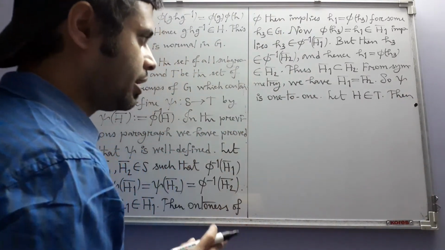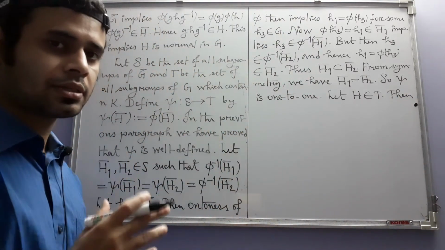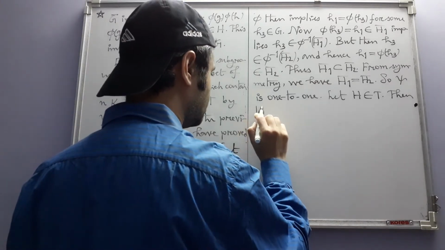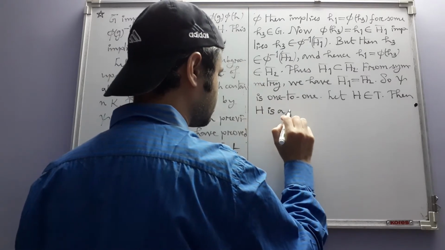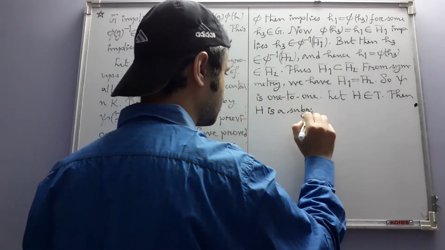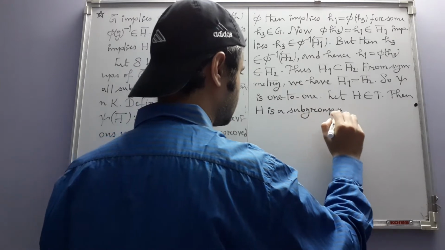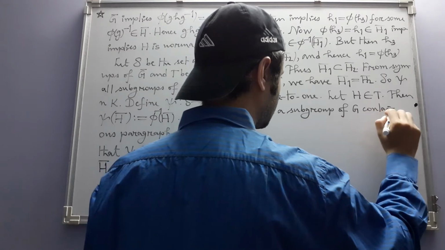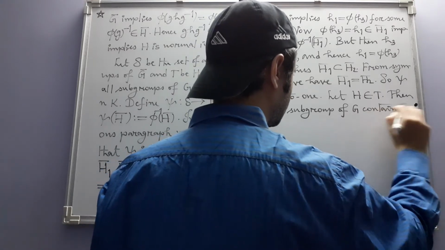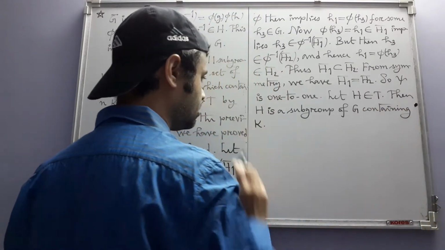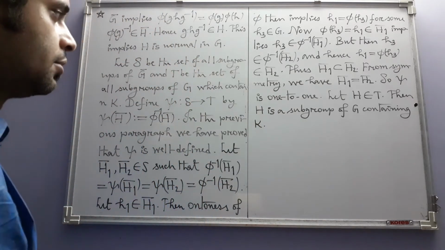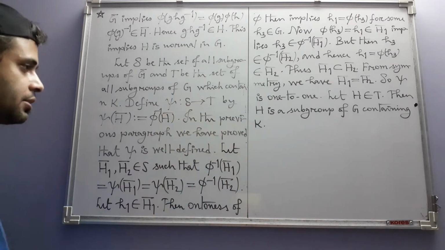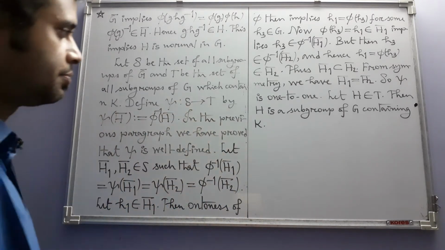It means that capital H is a subgroup of G that contains the kernel K. Now we have to somehow find an inverse image of this H.